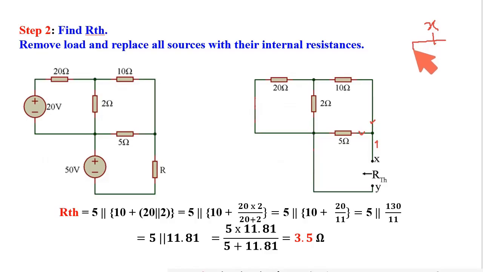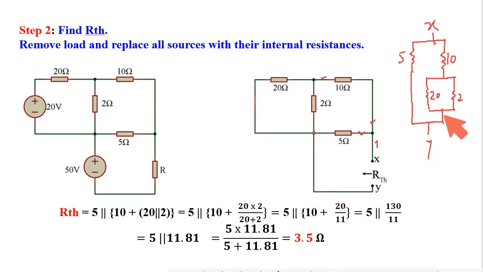So I got one path which is 5, another path which is 10. Here I got again two paths, one is 20, another one is 2. These two resistances meet at a particular point, which again meets the other side of the 5 ohm, and this point is ultimately Y. Now it is very easy to understand that first 20 and 2 are in parallel.